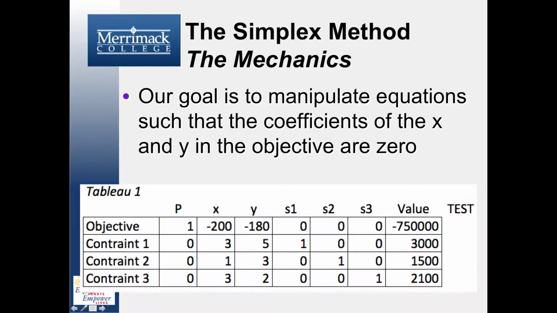So our goal here is to manipulate these equations so that the coefficients of the x and y in the objective are non-negative. We don't want these to be negative.